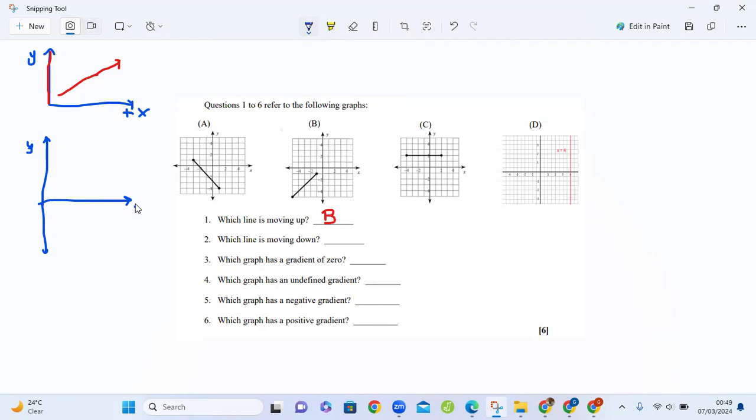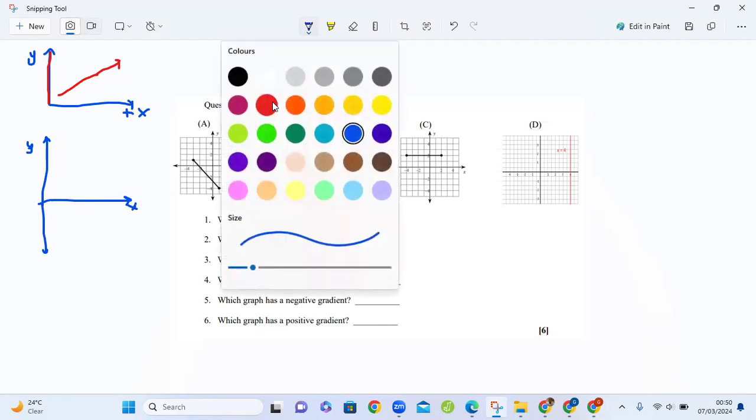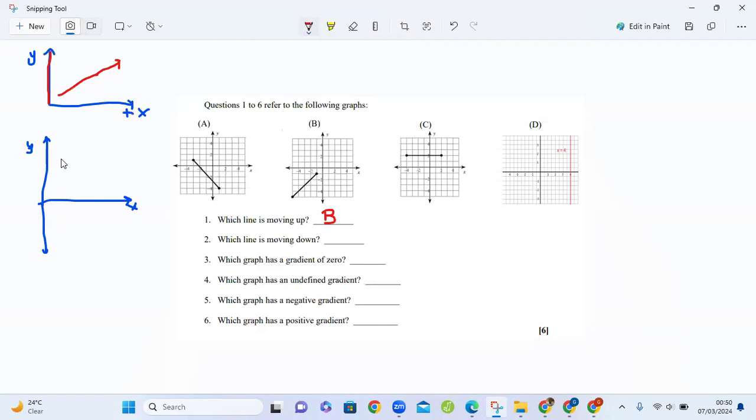Now, whenever you see a line on a graph, it shows you the behavior of the y. So if you have a line that is doing this, although x is increasing, y is going downwards. Okay. So the line that is going down is A.